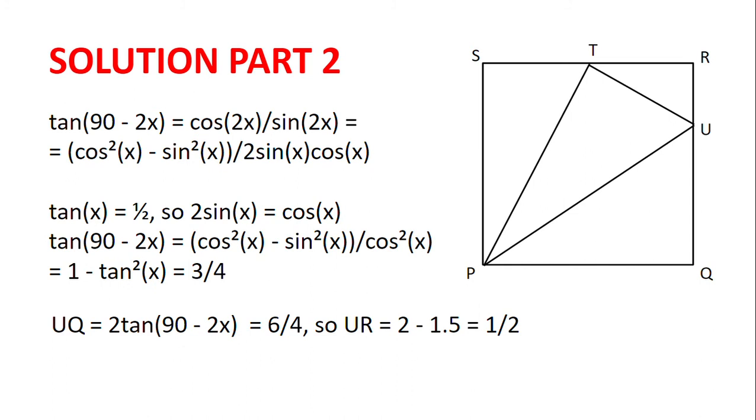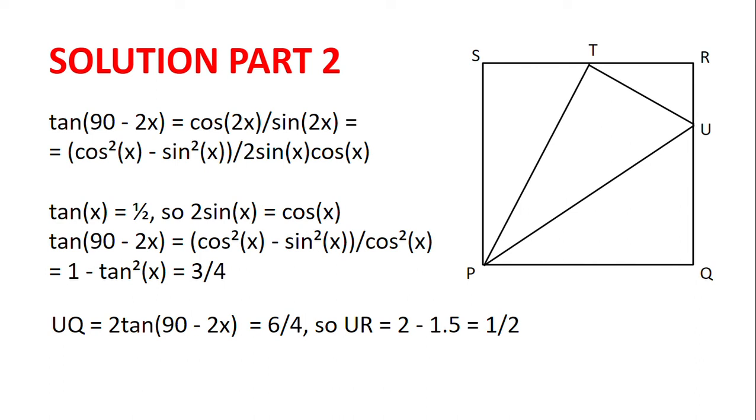So tan of 90 minus 2x is cos 2x divided by sin 2x, which is cos squared x minus sin squared x divided by 2 multiplied by sin x cos x. If you are unsure of any of this, it can all be derived from sin alpha plus beta and cos alpha plus beta, but they're also very well known identities. If you're not sure, you can look them up.